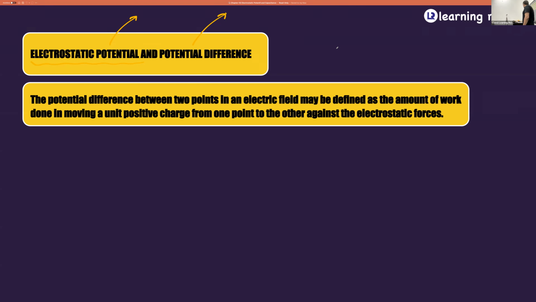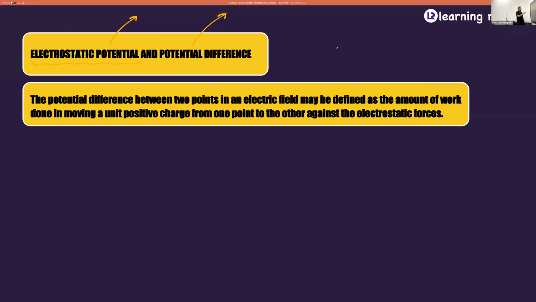In a similar way, electrostatic potential is also measured at a point. Throughout physics, when you see the word potential or potential energy, the first thing that should come to your mind is work done.